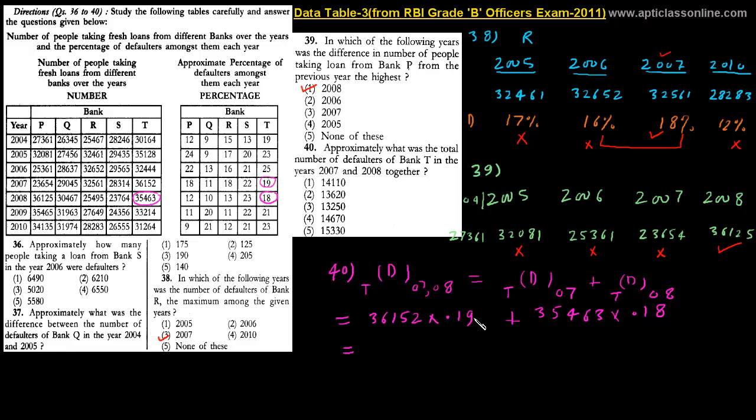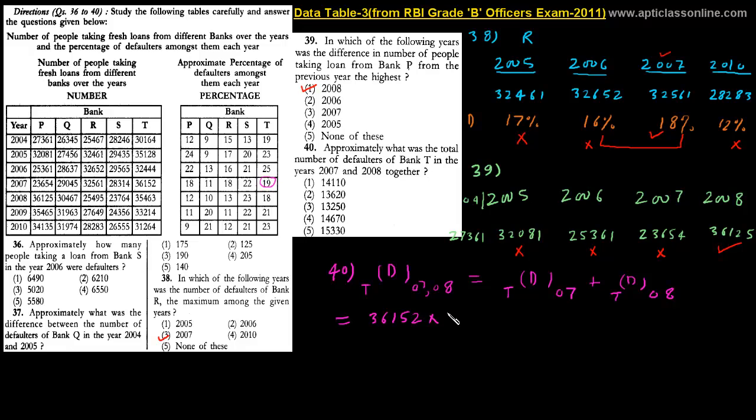Now look, 19% or 0.19 is basically 20% minus 1%. We can write it in terms of percentage.